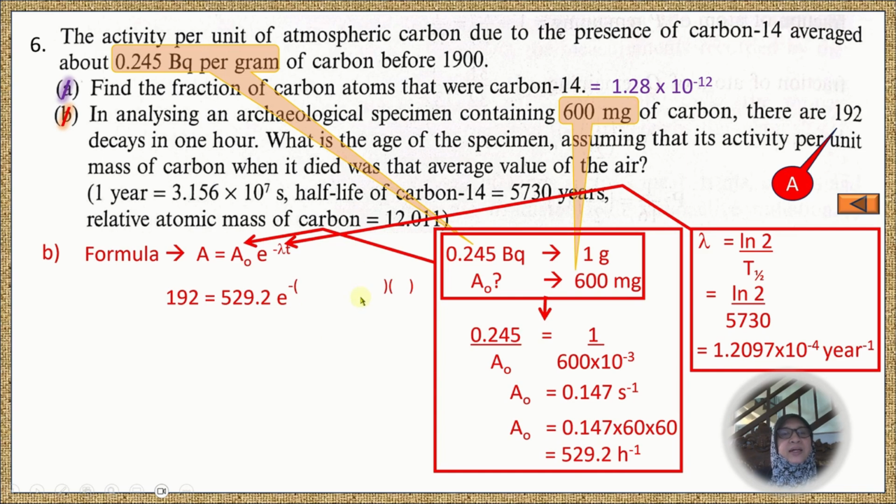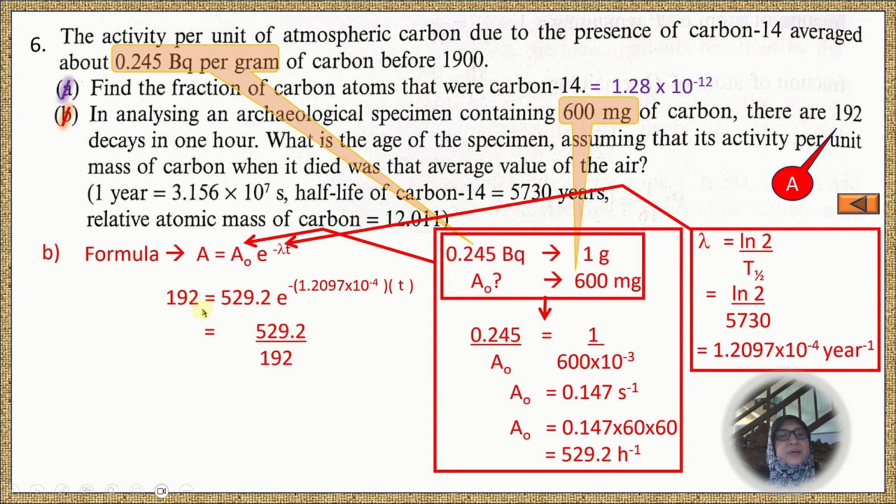Next, the negative lambda t here: the decay constant is per year, so the time taken will also be in years. The hour in the activity cancels out already, so our final answer for time is in years.